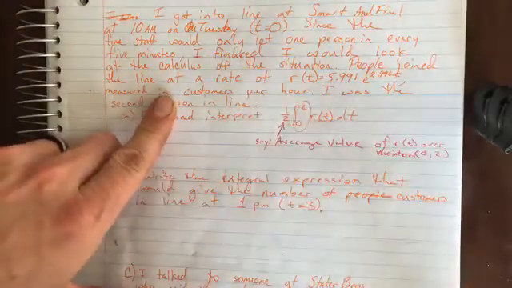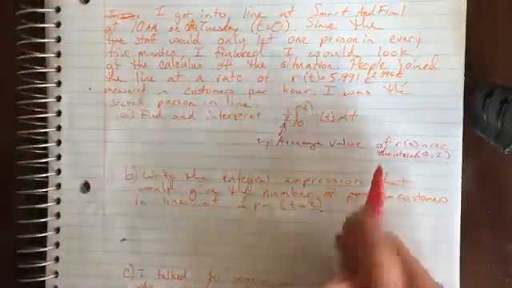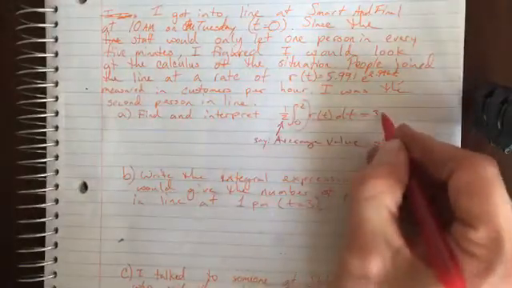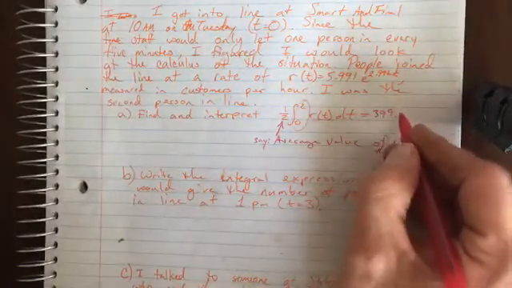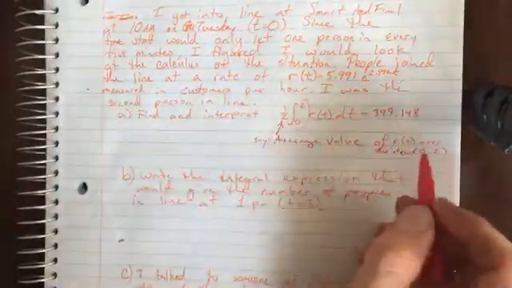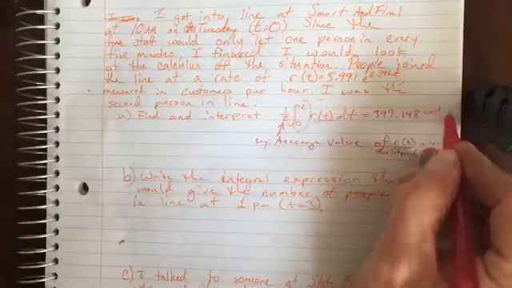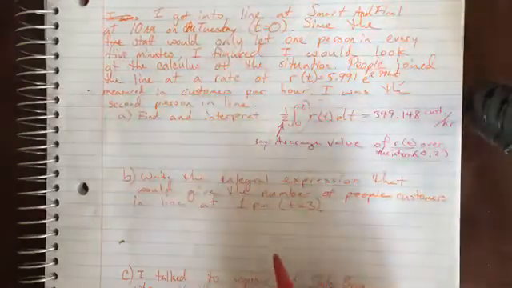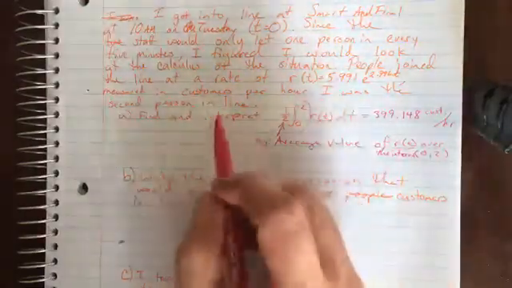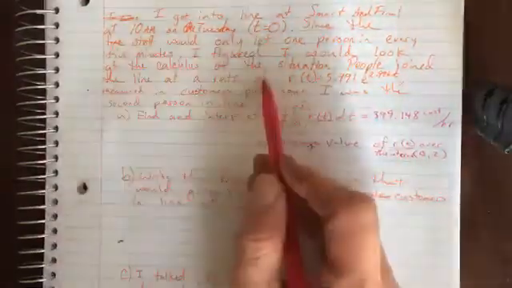This comes out to be 399.148. Since r is measured in customers per hour, the average value will be in customers per hour.